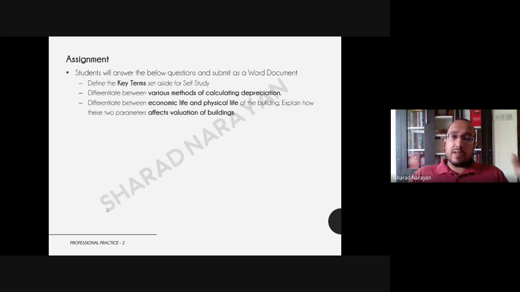You have to differentiate between the economic life of the building and the physical life of the building. Again, this should be fairly easy for you because you guys have sat through the economics module in the 5th semester, because we've talked about what the physical life of the building can be and what is the economic life. All right. Then you will also explain how these two parameters affect the valuation of buildings.